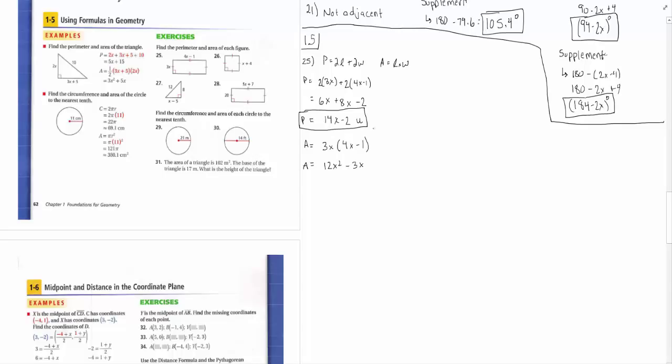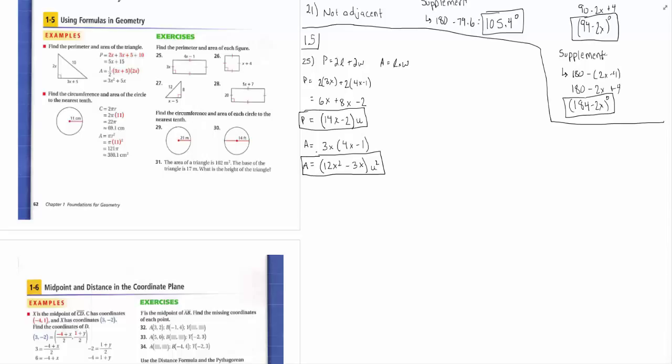We just write an expression. And here on this one, I'll just put a parentheses so you know it's units. That way I'll do the same thing here. It's 12x squared minus 3x units squared now, because now we're doing area. And that's your area. Okay, so that's area and perimeter of a rectangle.